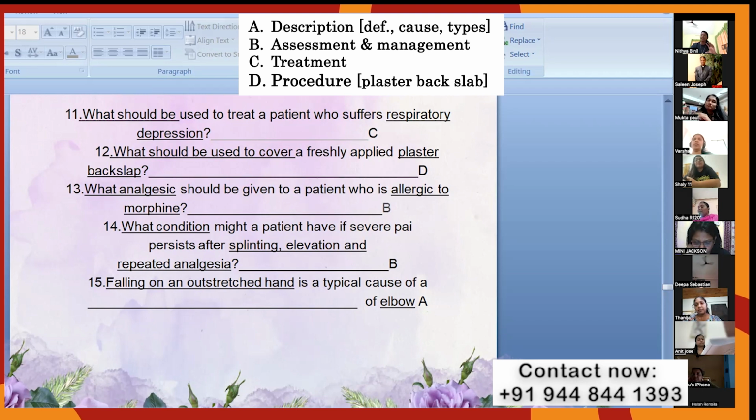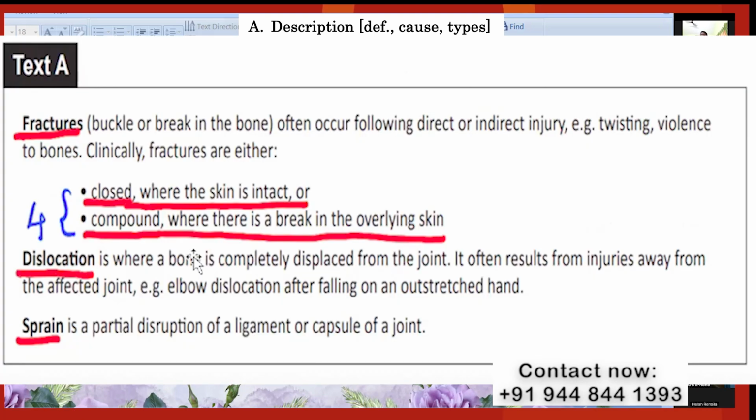And finally, we can make a name for a particular paragraph or text if it is not given in the text. In this text, the first text is A. They are not giving the name. So we have to derive it, that is, the types of fracture they are giving. So we have created types of fracture, that is, classification.